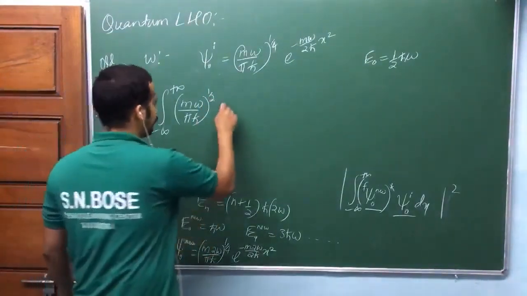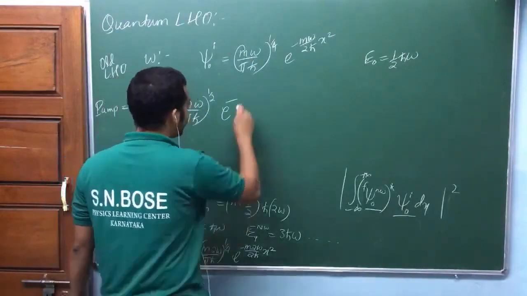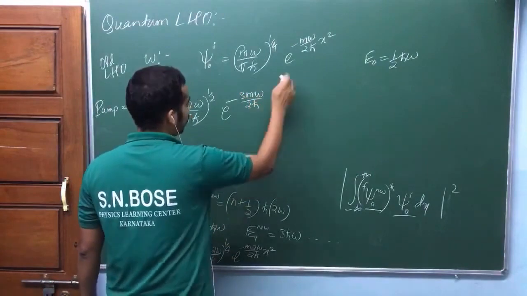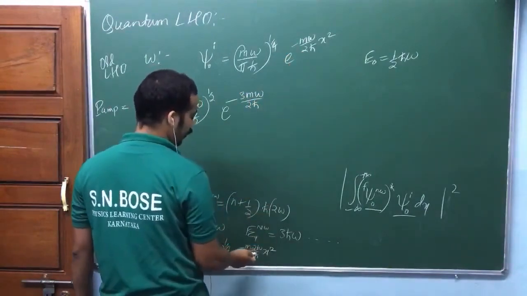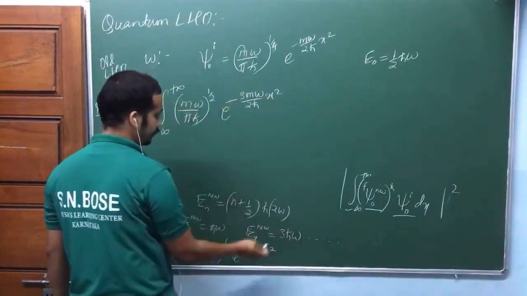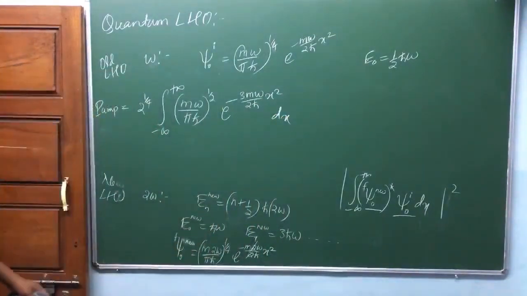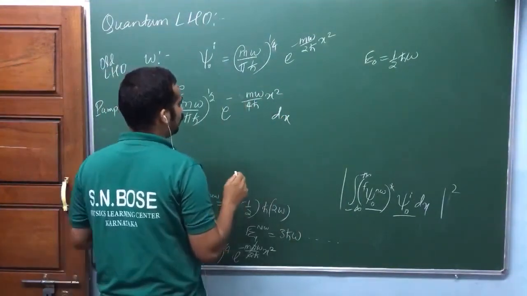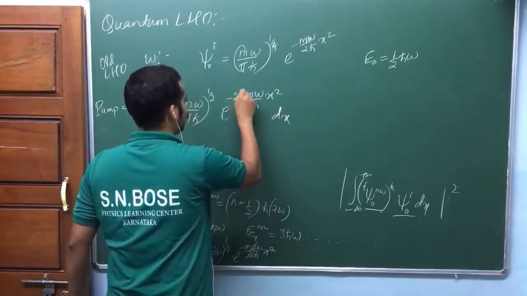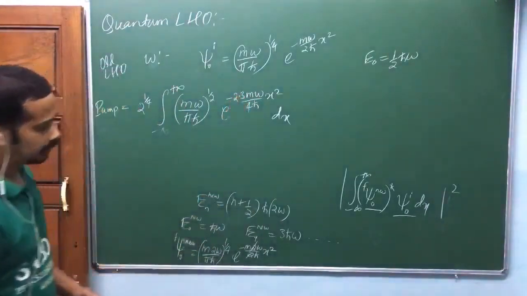What will happen is e power minus 3m omega by 2 h bar, because 1 by 2 plus 1 would happen, 3 by 2 will happen, x square when you multiply these two, dx. What I am thinking is multiplying and dividing by 2, 2 into 3.